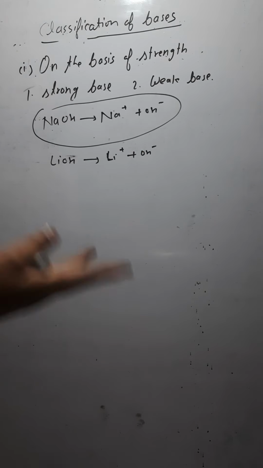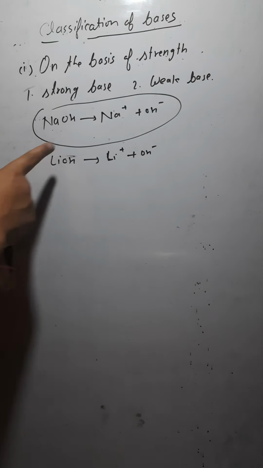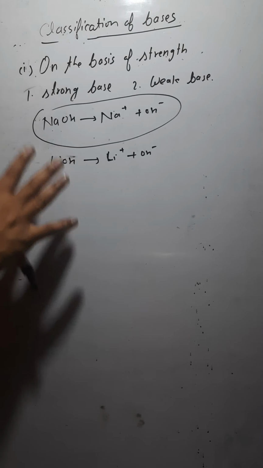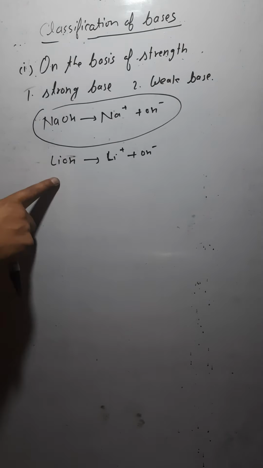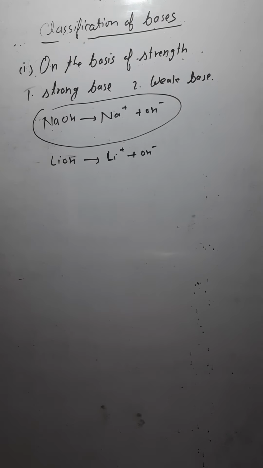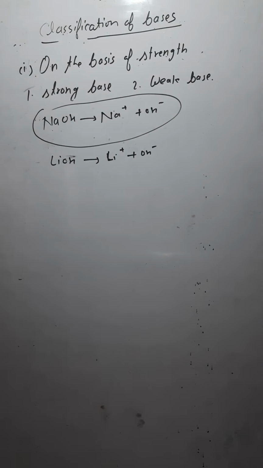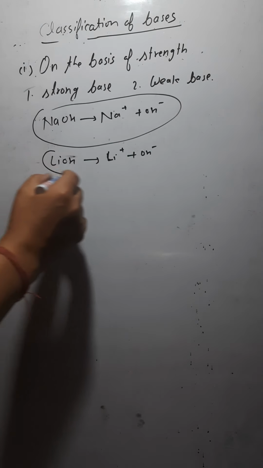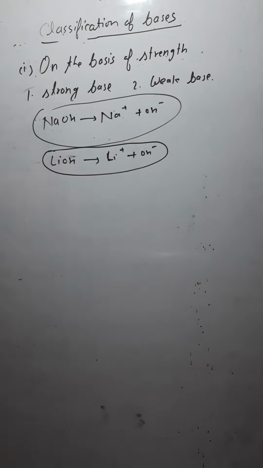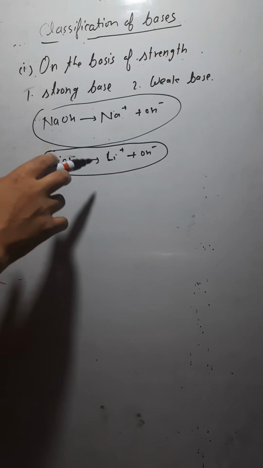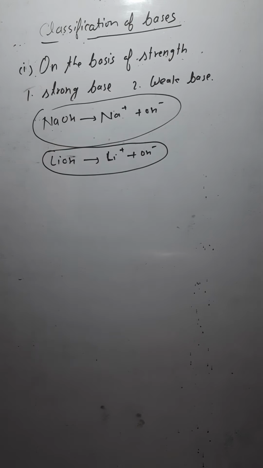Are you getting this or not? So LiOH, lithium hydroxide, would not undergo complete ionization, rather it would undergo partial ionization. So we would call LiOH as the weak base, because it is undergoing the partial ionization. Are you getting this? Very good.